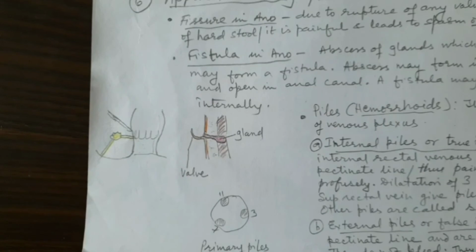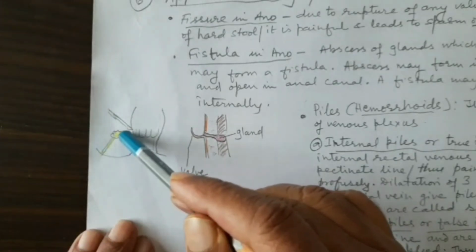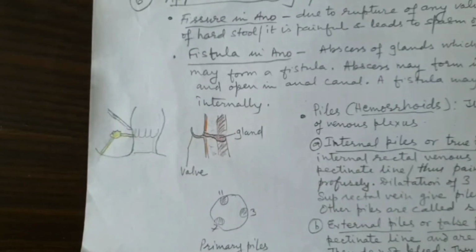The abscess may expand in the ischiorectal fossa, open into the anal canal, or open externally onto the skin.